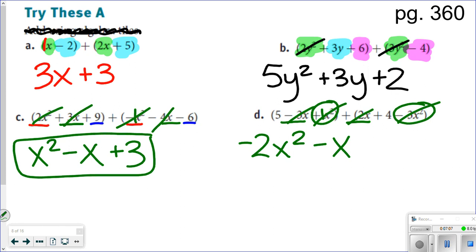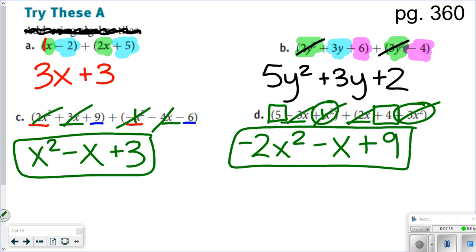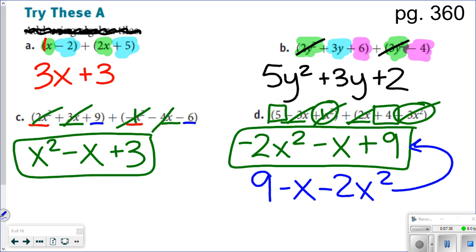And then I have a positive 5 and a positive 4. 5 plus 4 is 9. And make sure your answer is written like this, because in lesson 24-1, we learned what standard form is. Now, if you did the constants first, and then you had your x, and then you had your x squared, then go ahead and rearrange it. So take it and convert it to standard form.